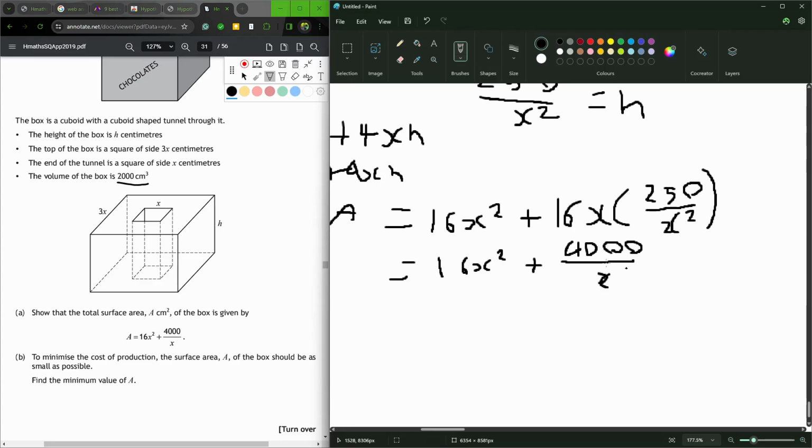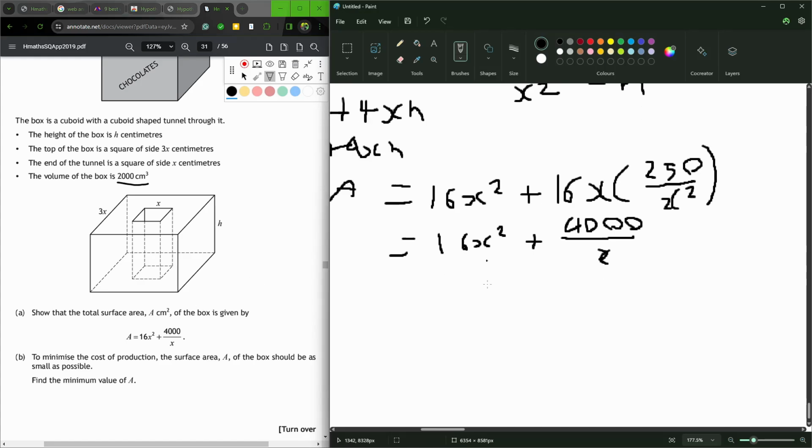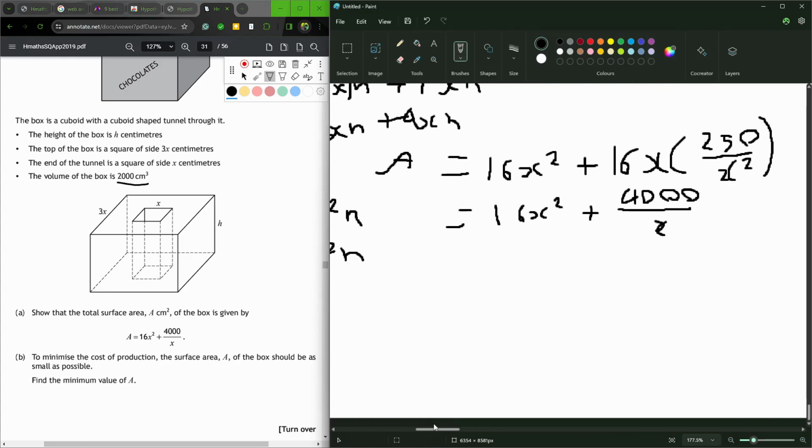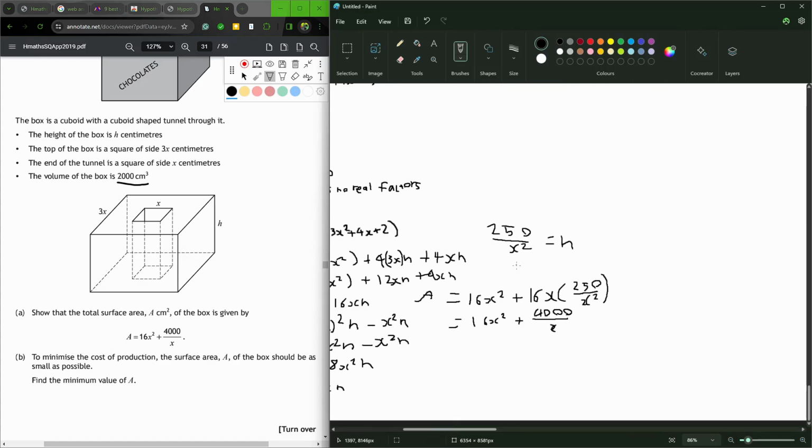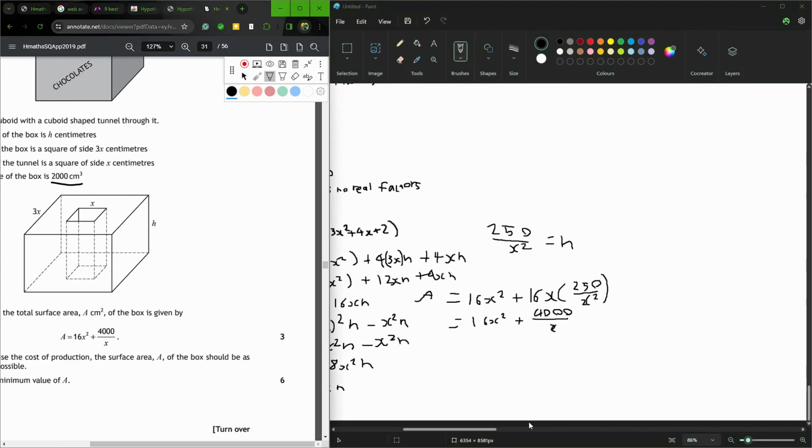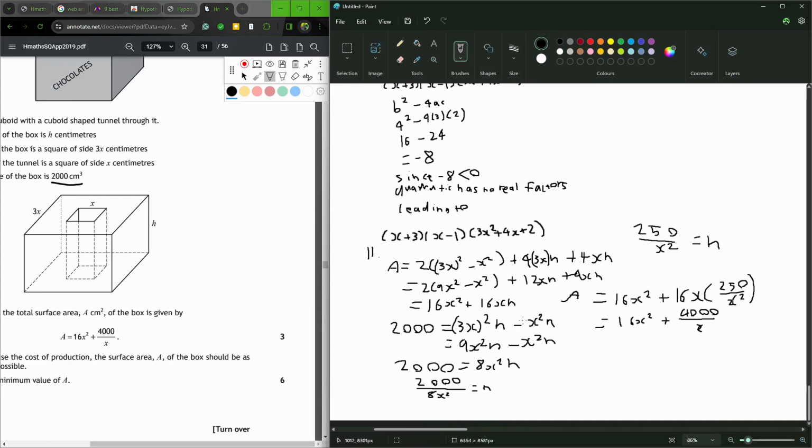And look at that. It's the perfect equation. It's beautiful. Absolutely beautiful. And that was 3 marks, everyone.